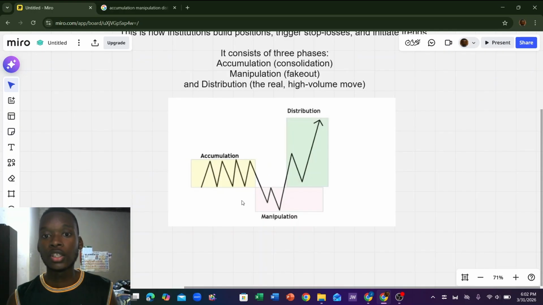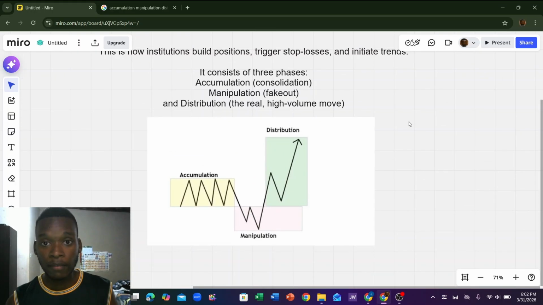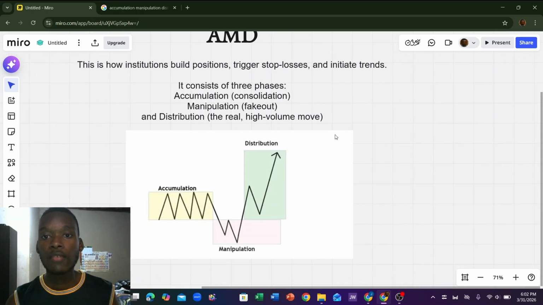Price didn't do too much, it just consolidated. The second phase is the manipulation, which is the fake out. Price here took out these stacked lows, which means it manipulated. Now it's going to distribute. This is phase three, the distribution, which is the real high volume move.